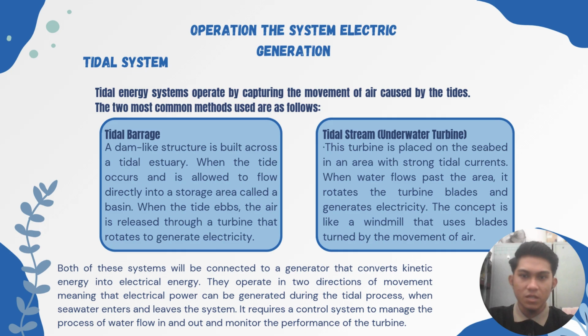Both of these systems are connected to a generator that converts kinetic energy to electrical energy. This operates in two directions of movement, meaning electricity can be generated during the tidal process when seawater enters and leaves the system. It requires a control system to manage the process of water flowing in and out.